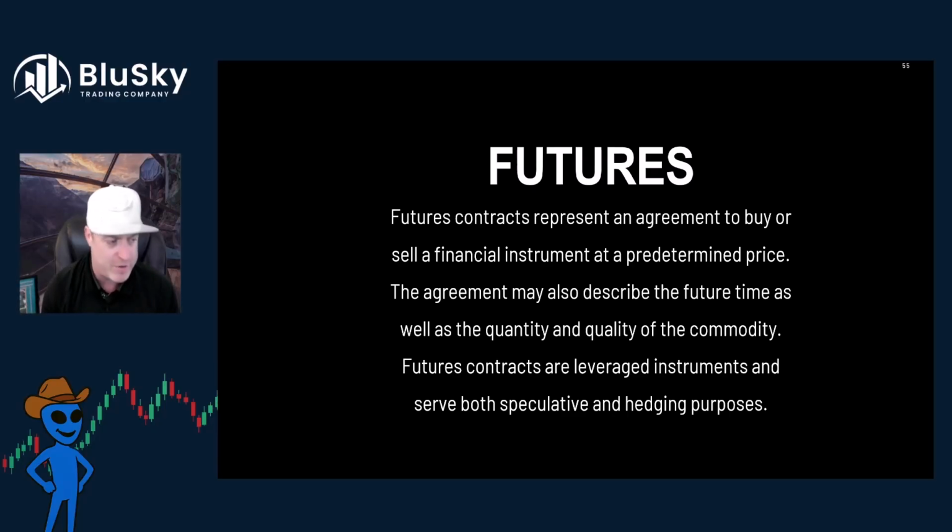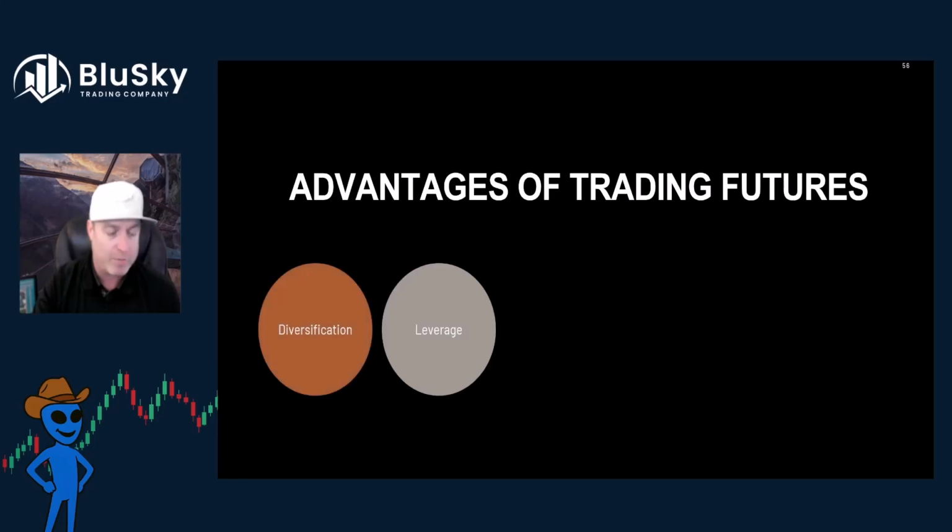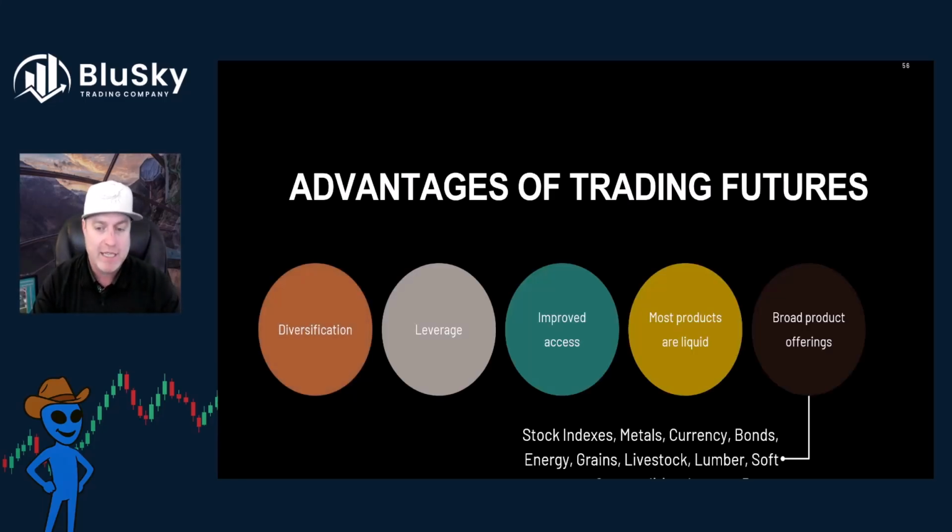Everything's traded in the futures market, from the indexes to the commodities to the currencies to the bonds. Every asset class is traded in the futures market, and it is an inherently leveraged market that also is a 24-hour market. So when you see a lot of traders gravitate to futures, it's because it offers probably the best bang for all of these advantages.